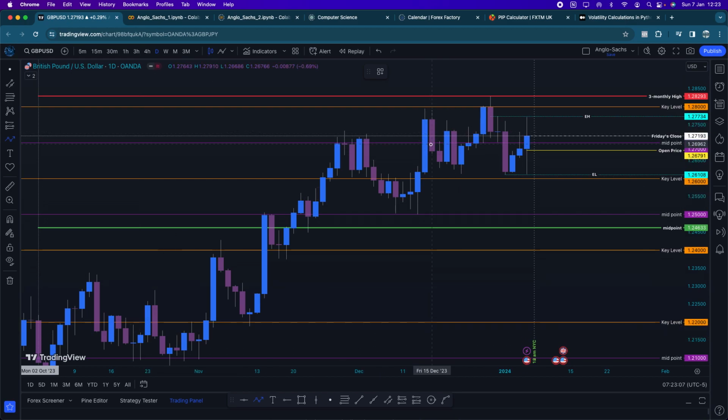We have this key level and this midpoint, price accumulating. So it's almost the inverse of what we've seen already. So we've got it here, here, closing above, closing above, closing here, closing above, and then bang, bang, bang, bang, bang.